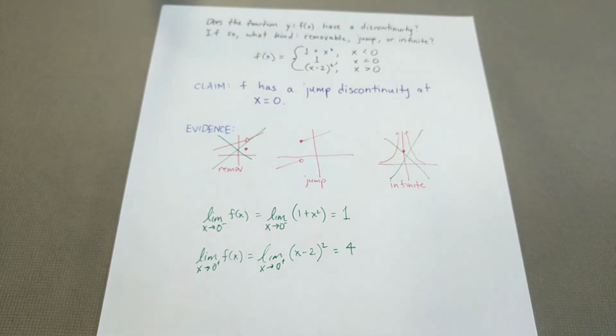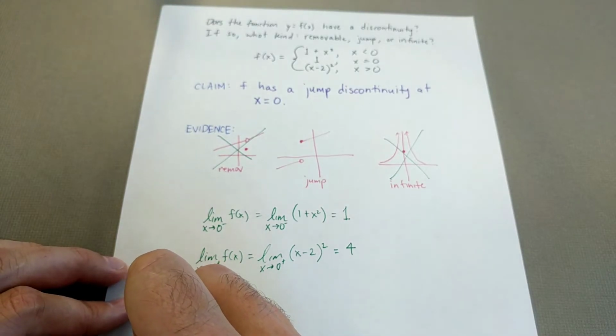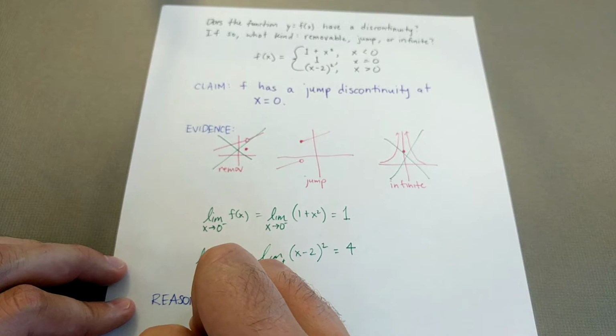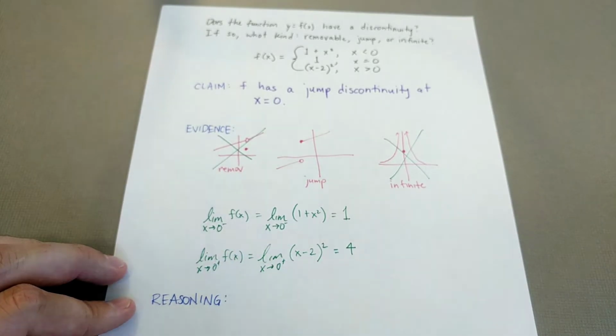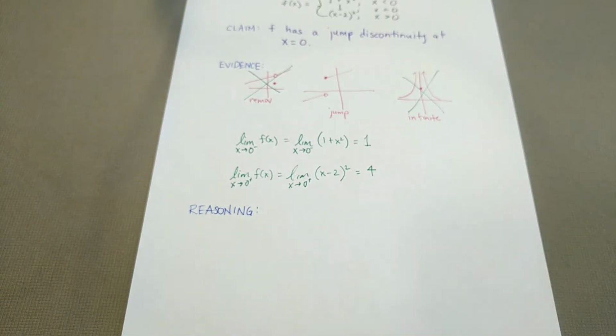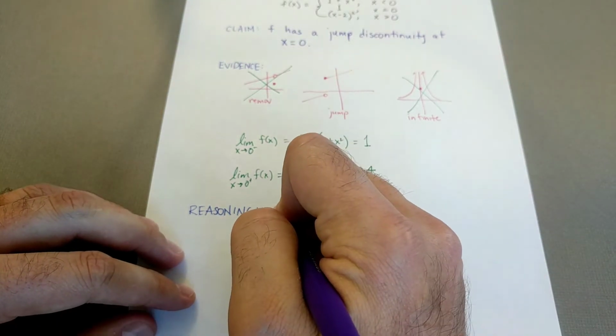And now, to finish it all off. The last part of a CER is the R, which is your reasoning. Here, we want to restate the claim and explain how we know that based off of the evidence. So why does the evidence prove the claim? So here we go.